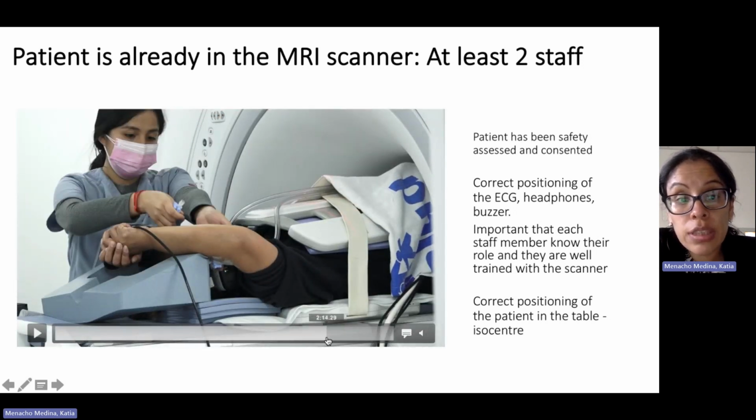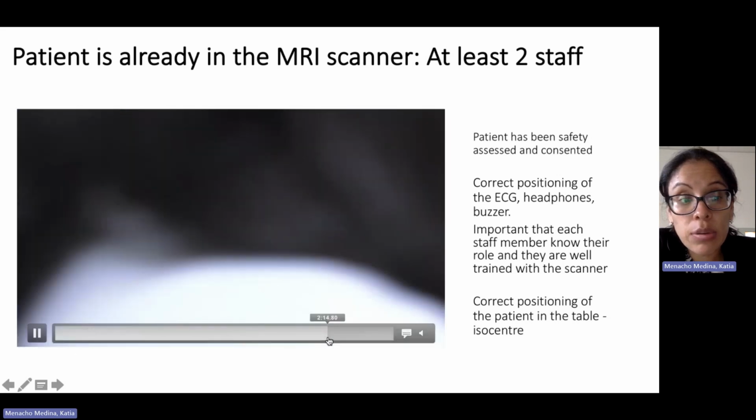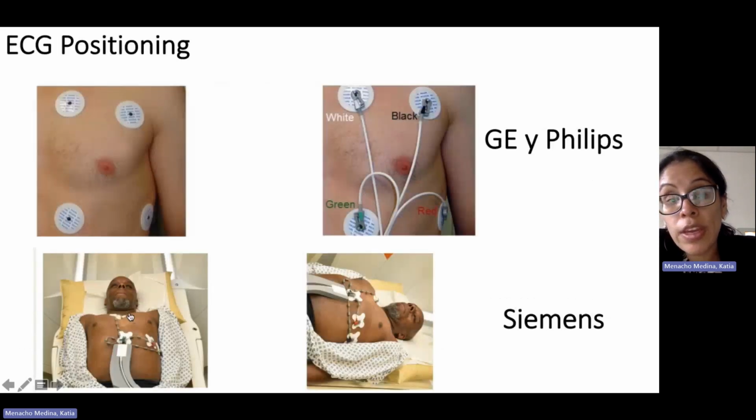Okay, so this is mainly about the workflow. Remember, the position of the ECG is different for GE and Philips, and there are several options where you can distribute, especially putting the ECG electrodes close to the bony area, and that can give a better signal. If there is a lot of hair, we will need to do some cleaning and shaving before that.